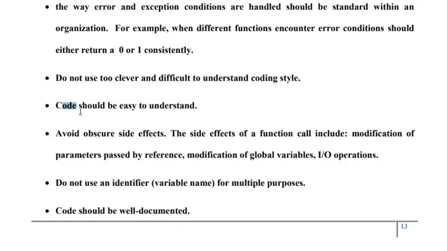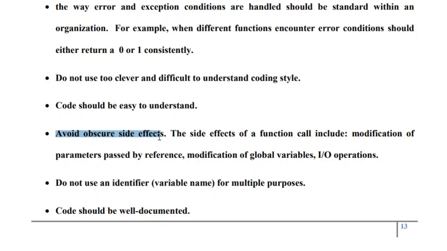By creating a very simplified representation of the code, we can make the code understandable. Now, some people have the habit of writing clever constructs for the program so that others cannot understand. Such an approach should be avoided, right? We need to avoid obscure side effects, where the way local variables and global variables are manipulated is not tracked.